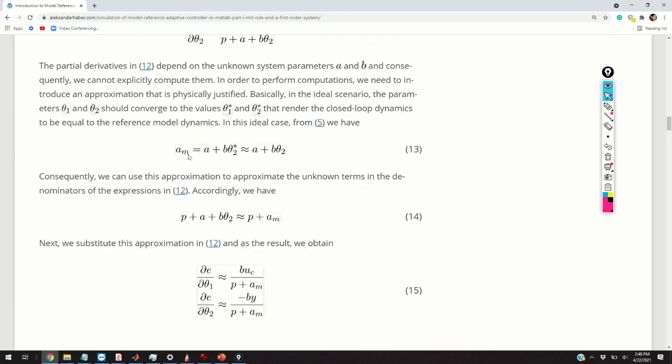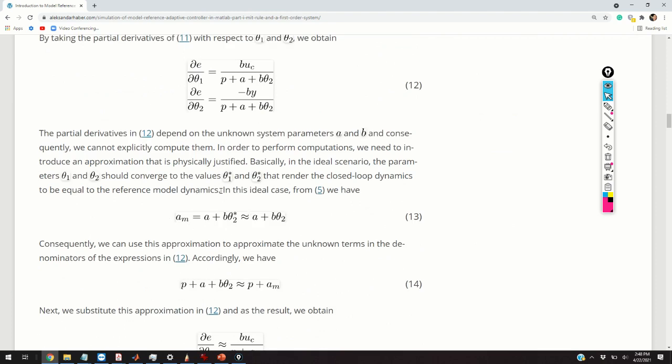We can assume that basically the parameter theta 2 is very close to theta 2 star, and this renders this whole term am equal to a plus b theta 2 star, and this is approximately equal to a plus b theta 2, right?